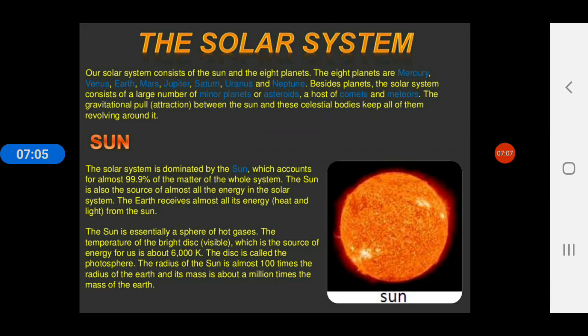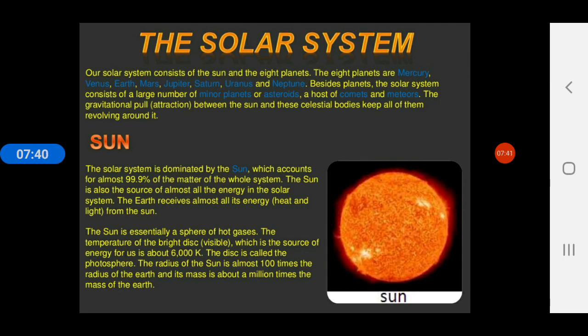Now, sun is the dominant figure of our solar system, which accounts for more than 99.9% of the matter. Of all the matter in the entire solar system, 99.9% is present in the sun alone. So how huge is the sun and how small are the planets, you can very well understand. The sun is also the source of all the energy in the solar system.